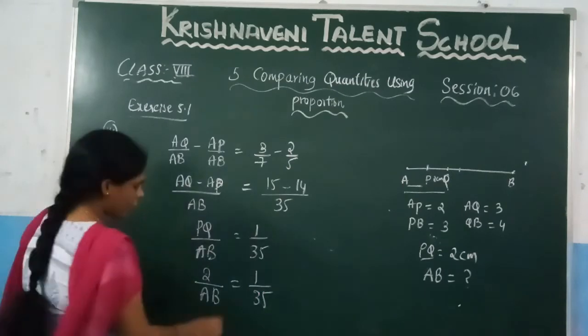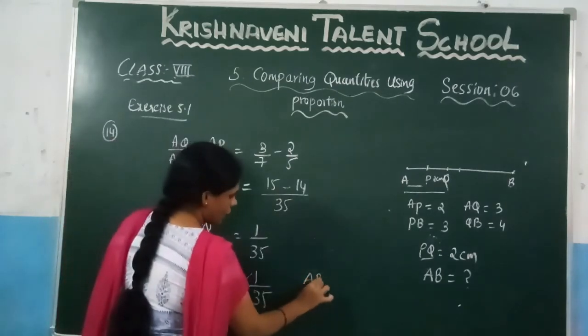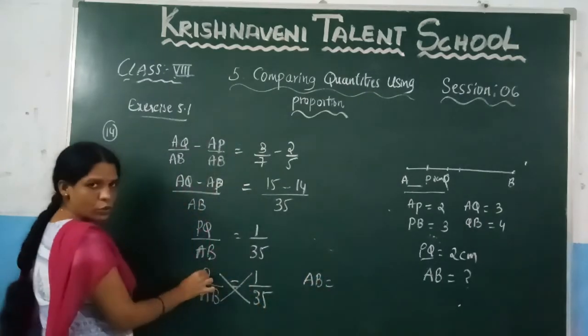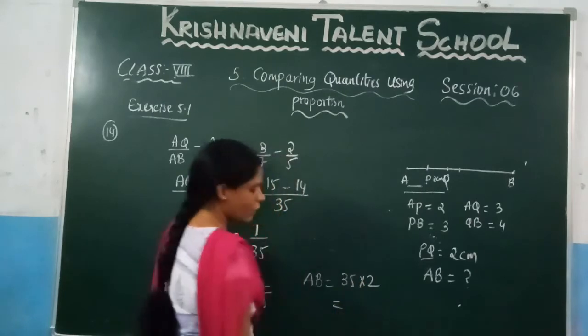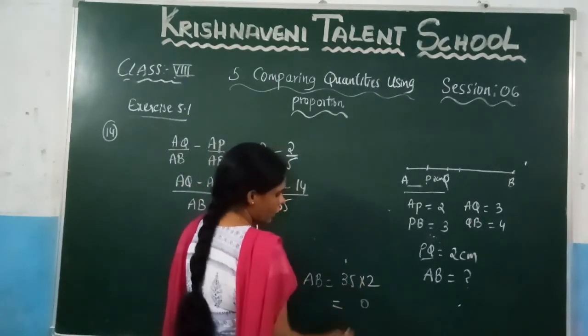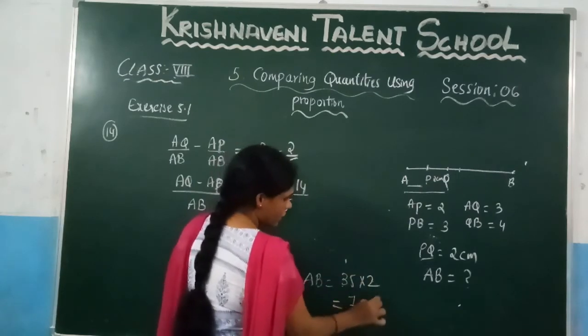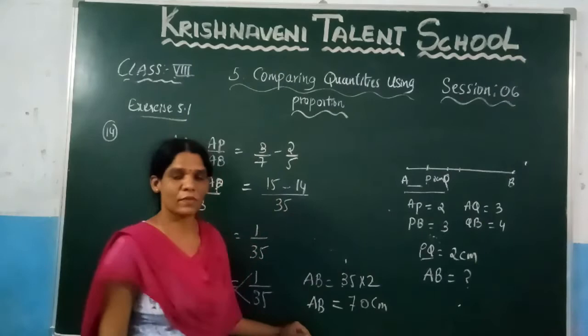Now cross multiply. What will you get? AB into 1, which is nothing but AB, equals 35 into 2. What is the value of 35 into 2? Let us solve. 5 twos are 10, 0 carry 1, 3 twos are 6 plus 1, 70. So what is the length of AB? Which is nothing but 70 centimeters.